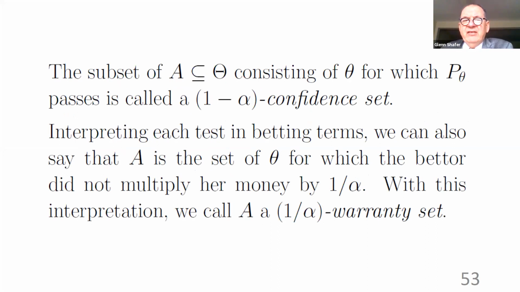We could interpret each of the tests in betting terms. Confidence intervals are based on fixed level significance tests, and that fixed level significance test can be interpreted as a bet that multiplies your money by 20 if you win, right?